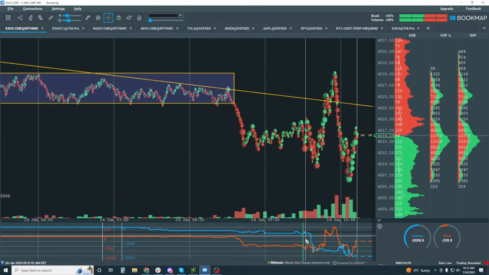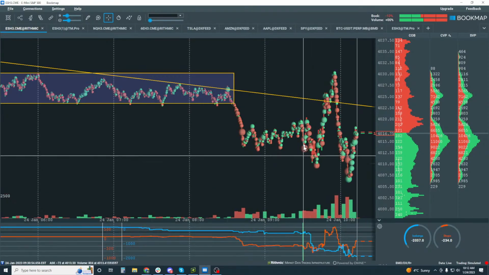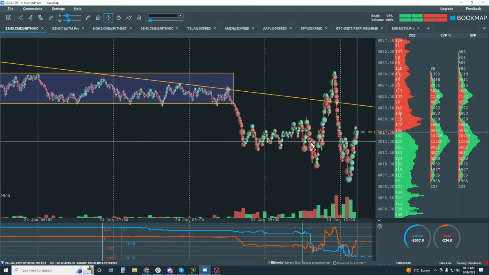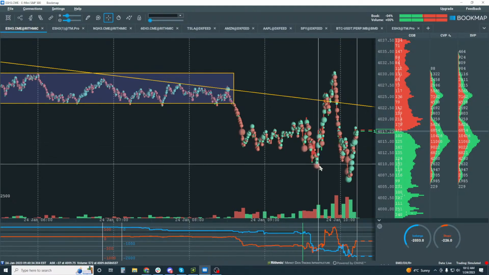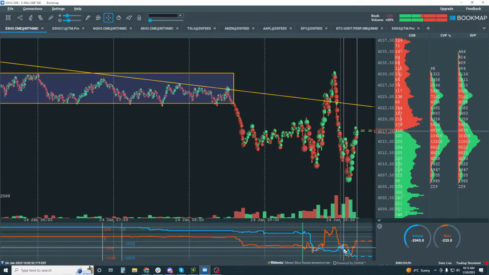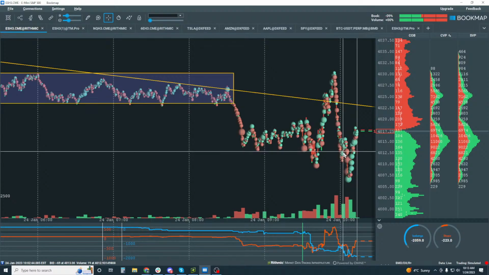And then now we have this blue line in here, which is icebergs. These are larger players using iceberg orders, and these are the transactions in here. Tons of icebergs right in this area. In fact they felt the squeeze, and then there's more selling icebergs in this area in here.